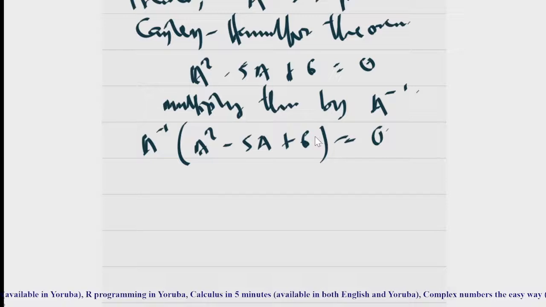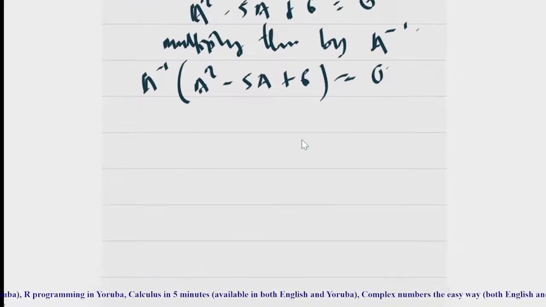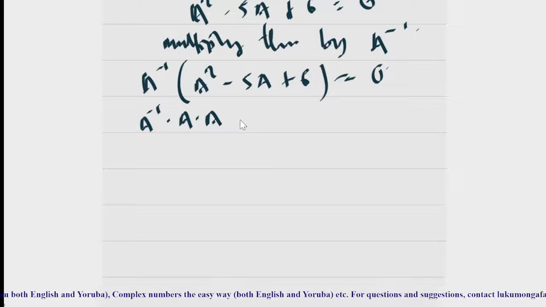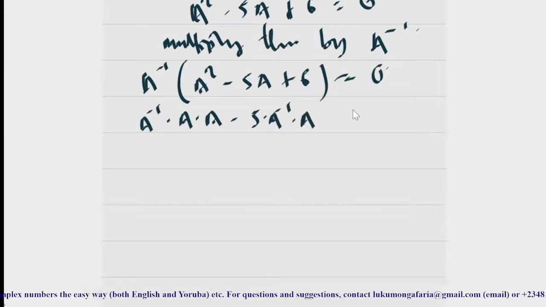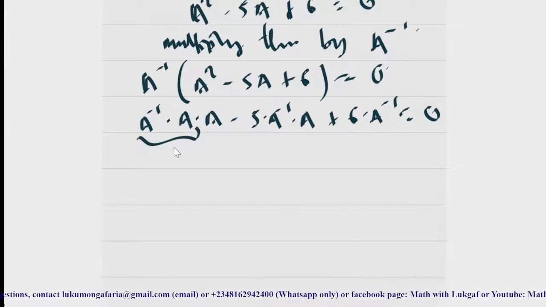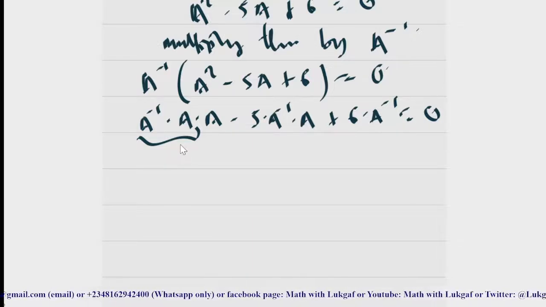Then if you multiply through, I'm going to have A inverse dot A dot A. A dot A will give me A squared, minus 5 A inverse dot A, then plus 6 A inverse, which is equal to 0. You see that this will give me I. When you multiply an inverse by a matrix, you are going to have the identity element.